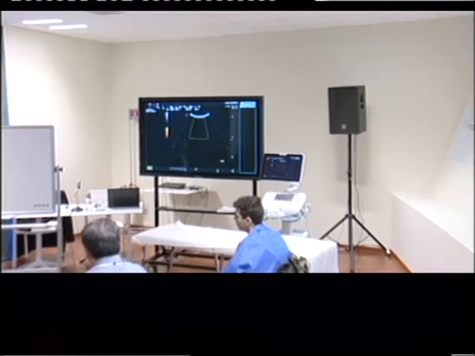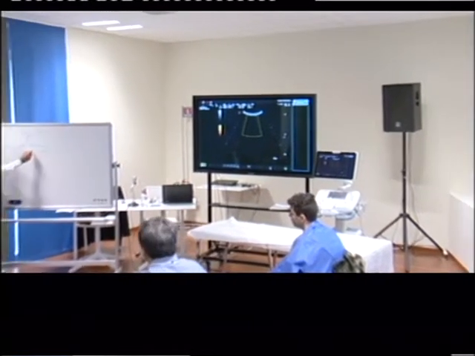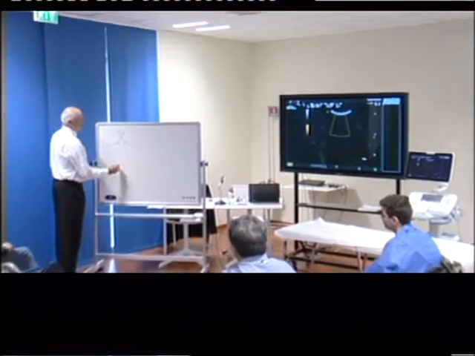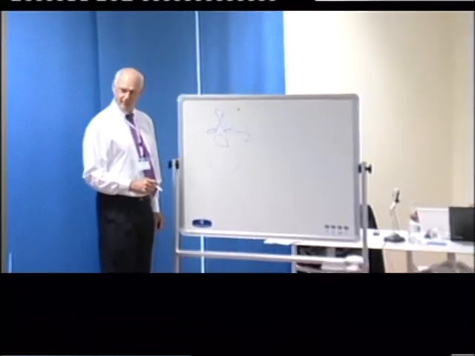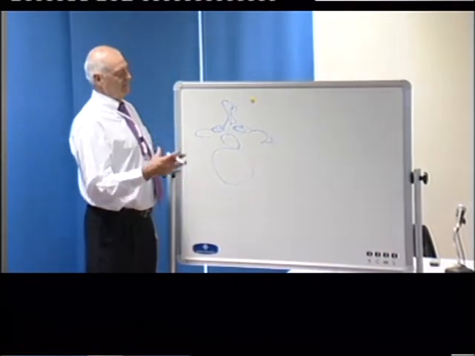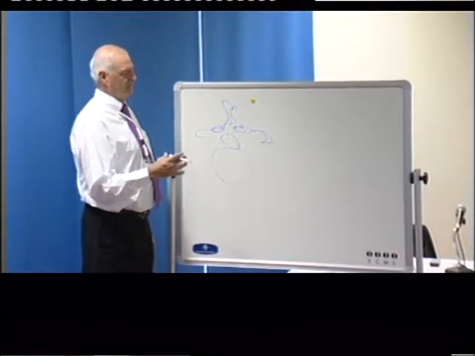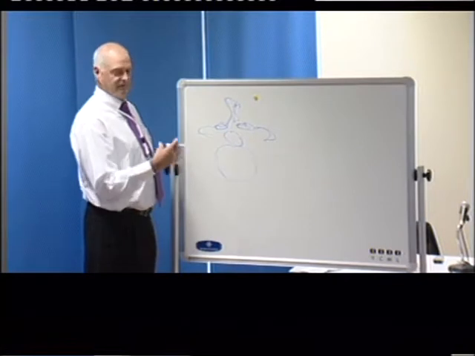So we got the facets, spinous process, transverse process, spinal canal, and then the vertebral body, right? And so we're going to have to recognize some things.